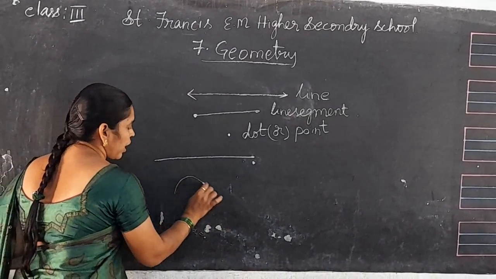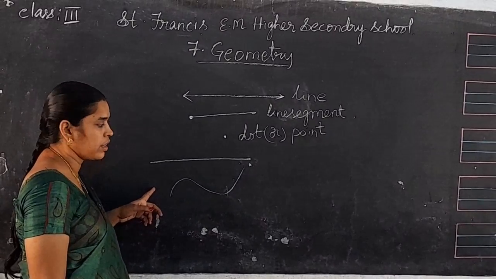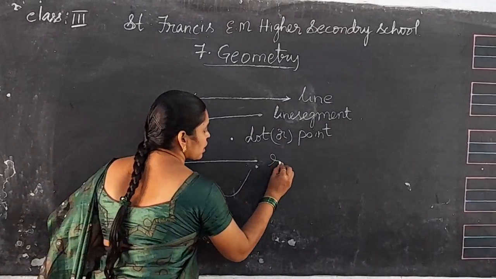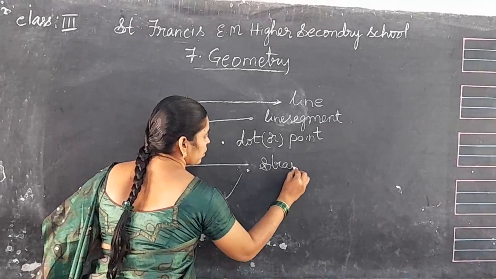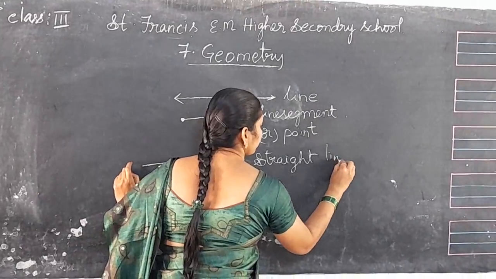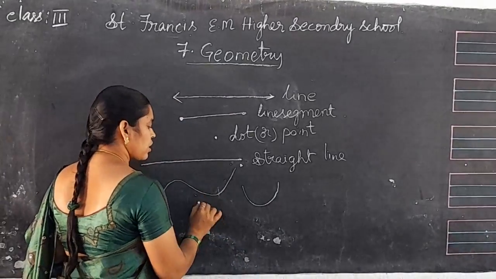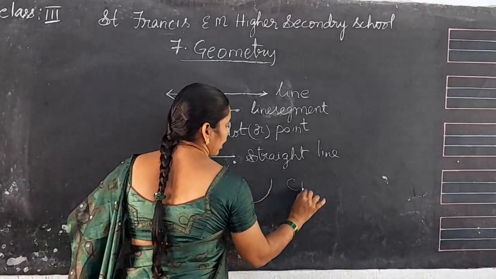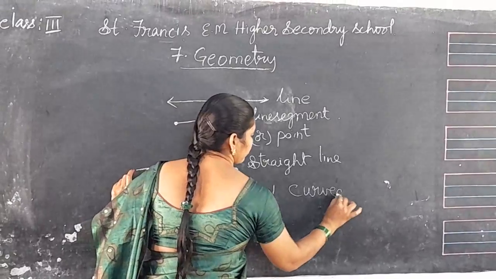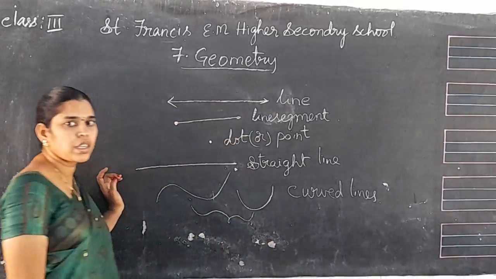Then what is this line? Curved line. This is a straight line, and like this, these are called curved lines. Okay, children?